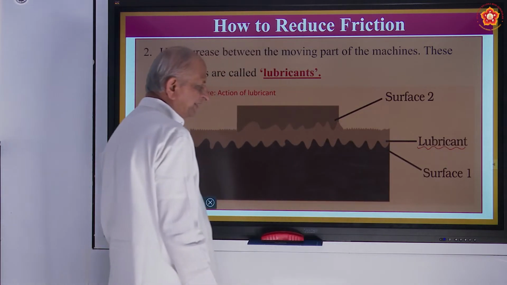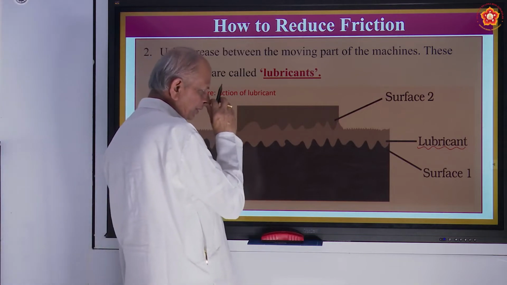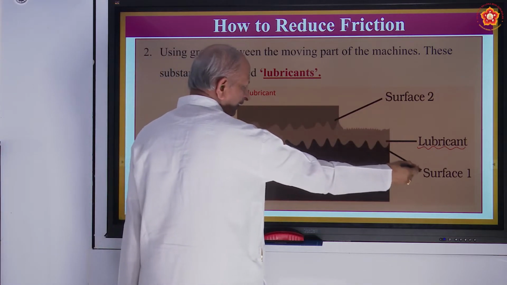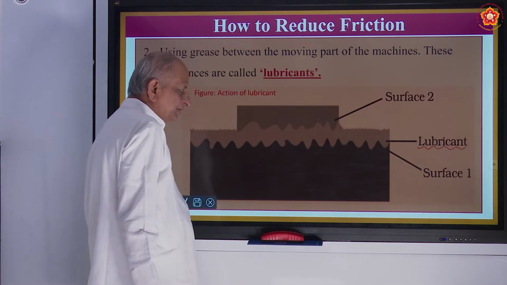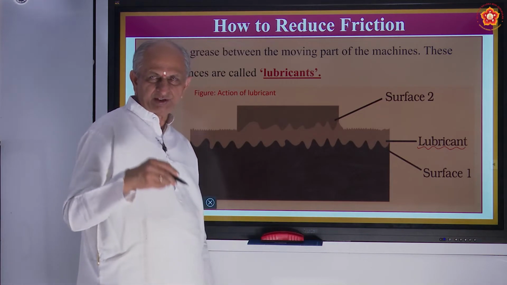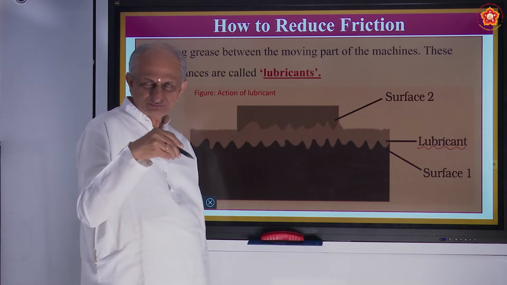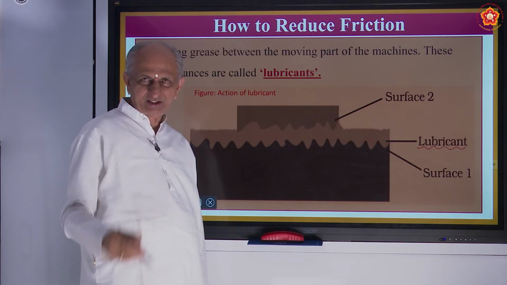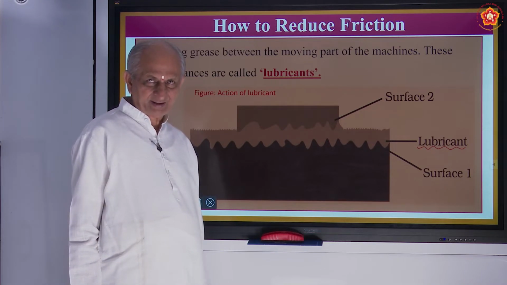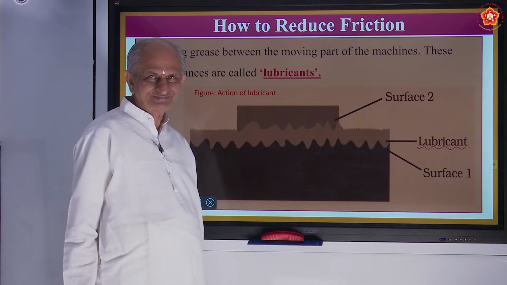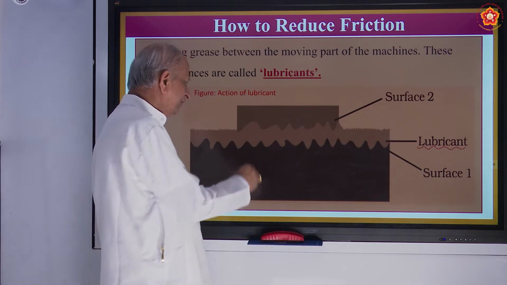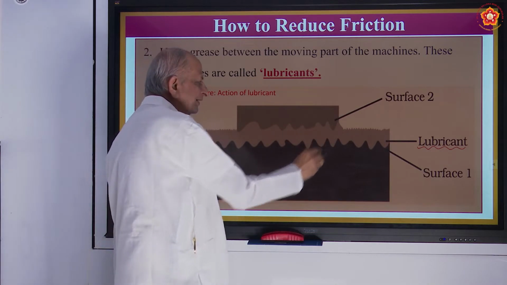What you call grease also. Here there are two surfaces, surface 1, surface 2. There will be wear and tear when it continuously runs, no? When the machine runs continuously, there will be wear and tear. It makes sound also. To avoid that sound and wear and tear, they add grease.